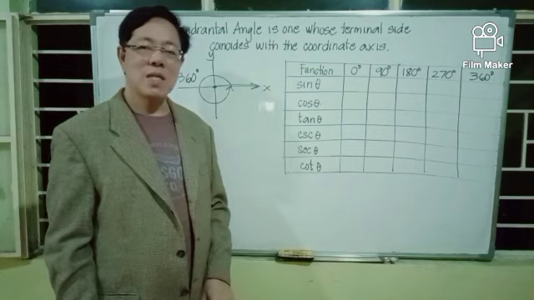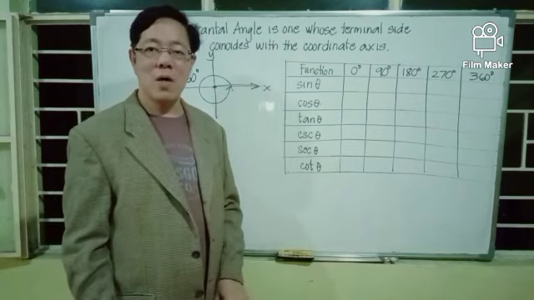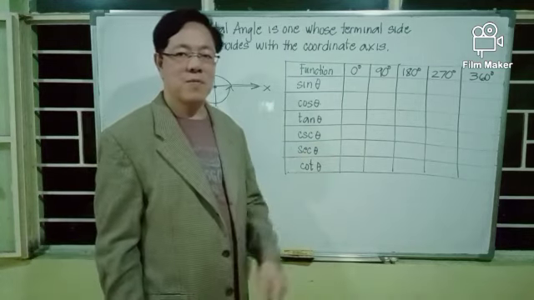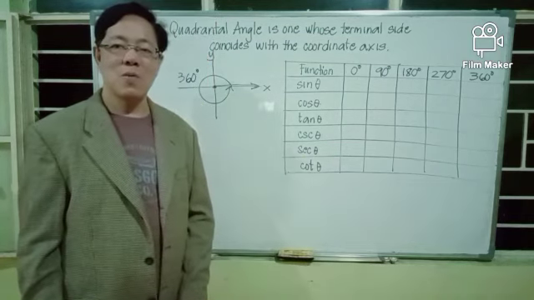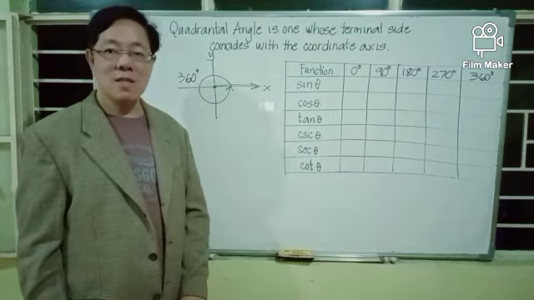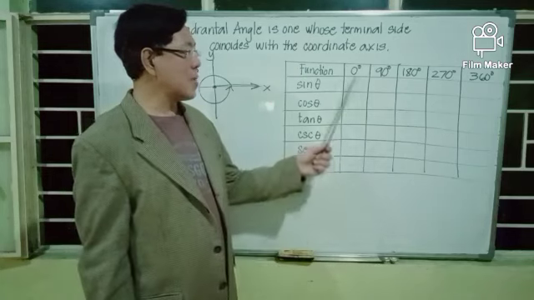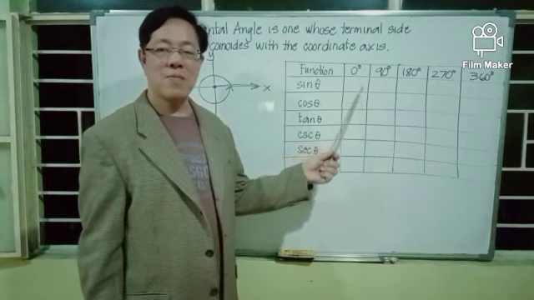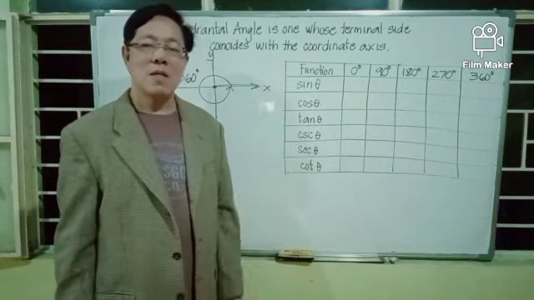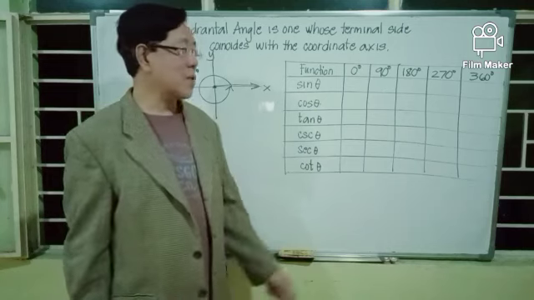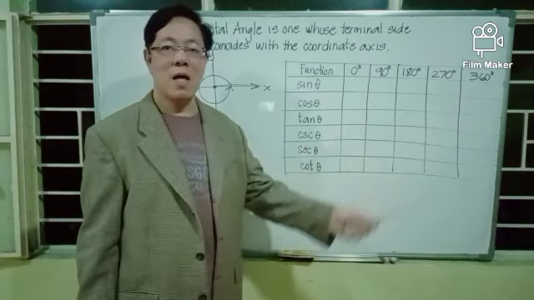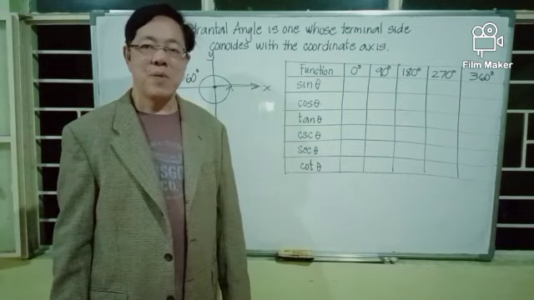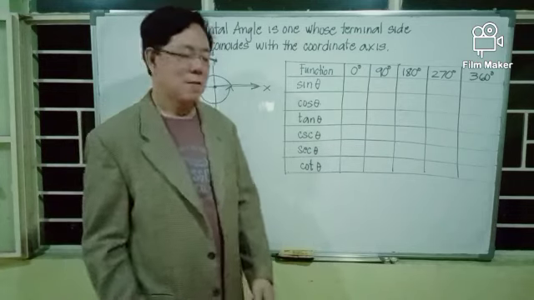When we take a point on the terminal side of each quadrantal angle, we let the distance of that point from the origin be equal to 1 unit.